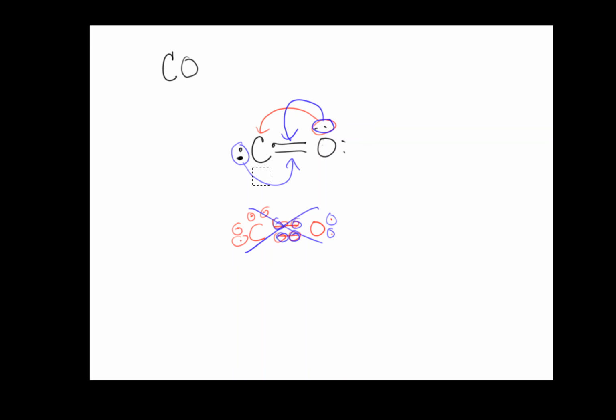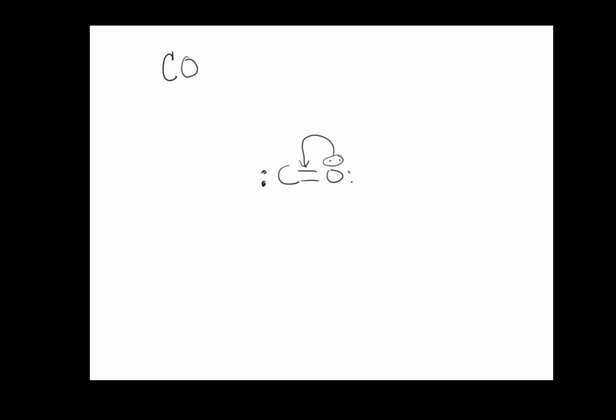In fact, let's just get rid of this whole thing here and redraw it. I had this. What I'm going to do is take this and donate both of them in. Now normally each atom donates one in, but the oxygen is going to donate both of those in, and it's going to make this.